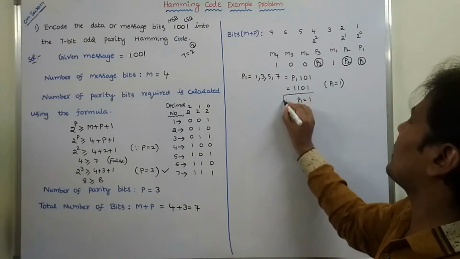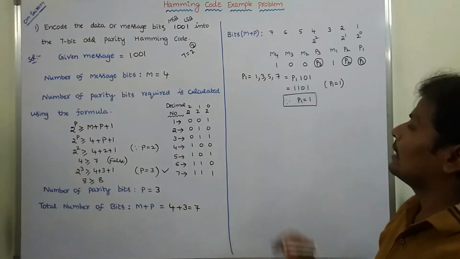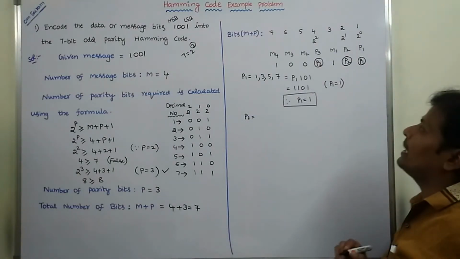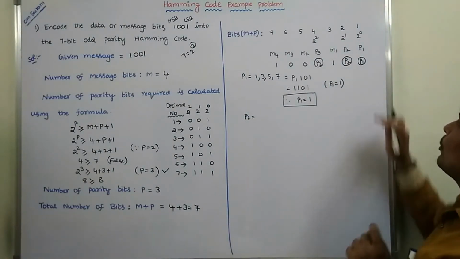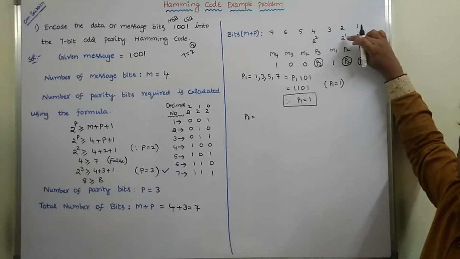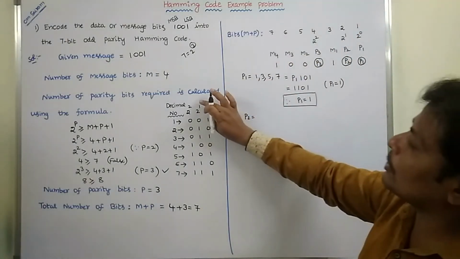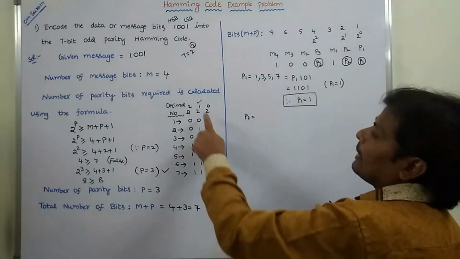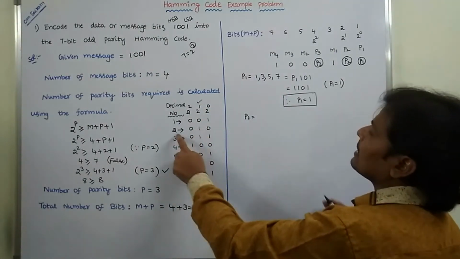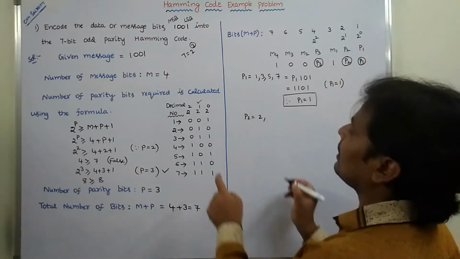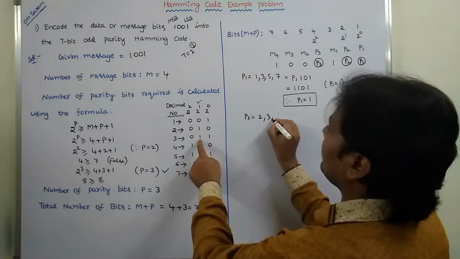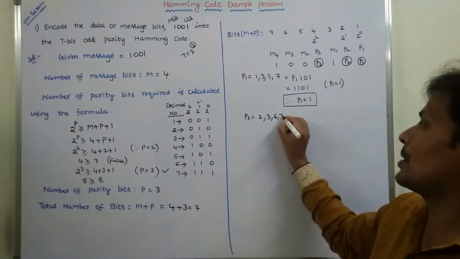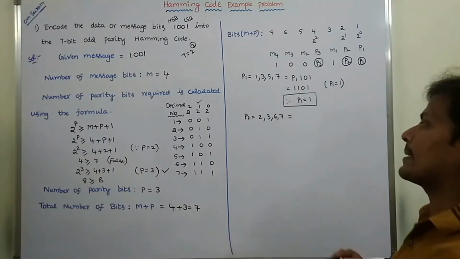This is the first parity bit. Next, the second one, calculate the parity bit P2. P2 is there at the 2 power 1 position. Here this is the 2 power 1 position, second column. Where 1 is there: the second position, third position, sixth position and seventh position. 2, 3, 6, 7.